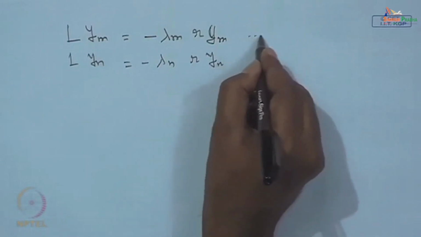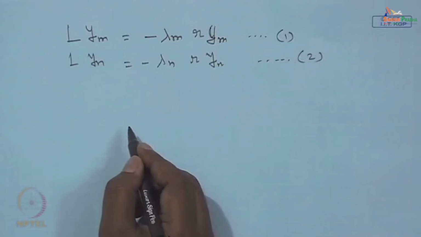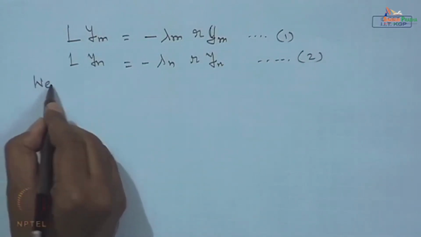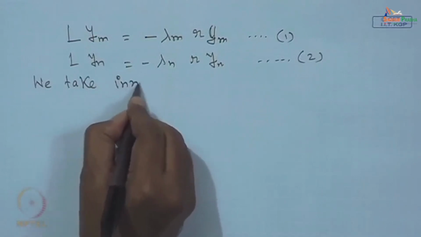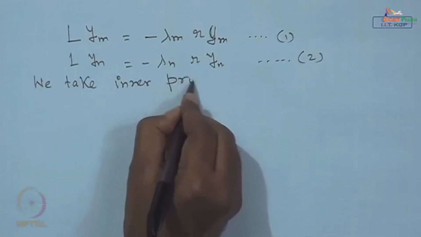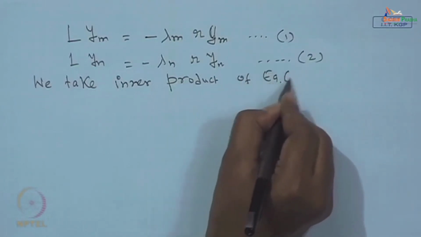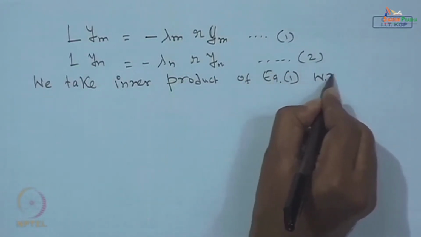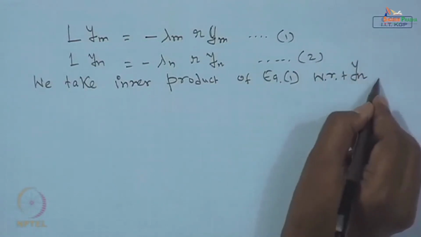This is equation number 1, and this is equation number 2. We take the inner product of equation number 1 with respect to y n and see what we get.